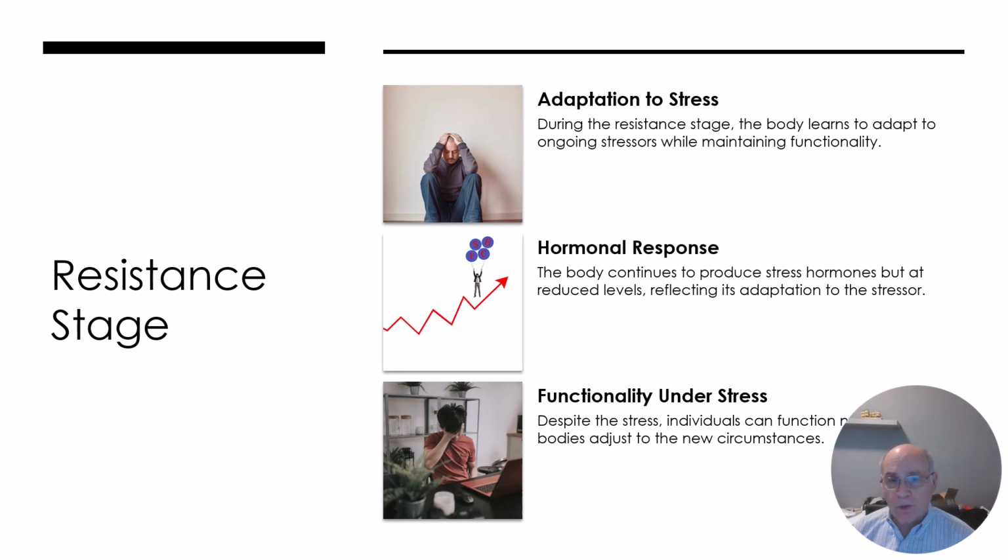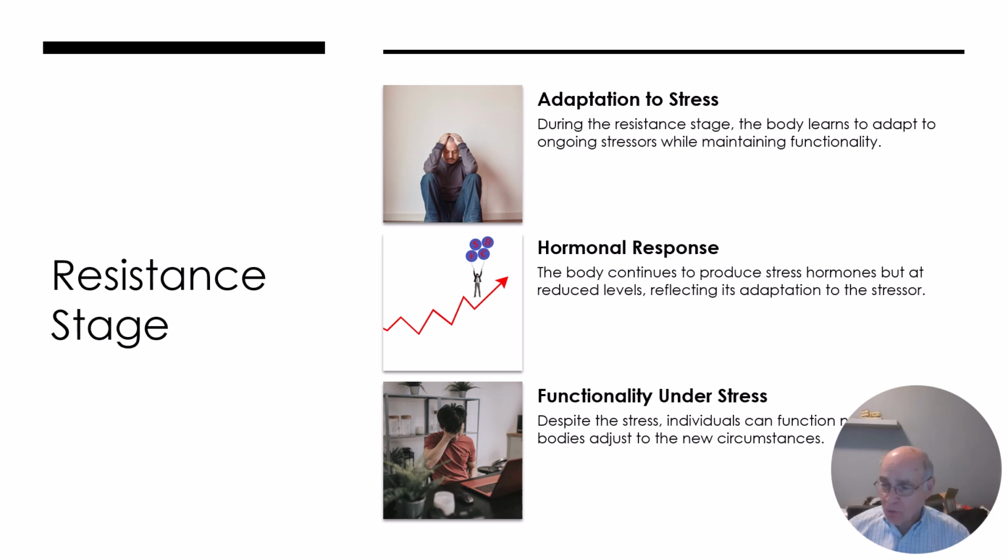In the resistance phase, the body adapts to the stressor and continues to produce stress hormones, but at reduced levels, reflecting its adaptation to whatever is causing the stress. Functionally, in this part of the general adaptation syndrome, the body still functions, but it's constantly adapting to the stressor.